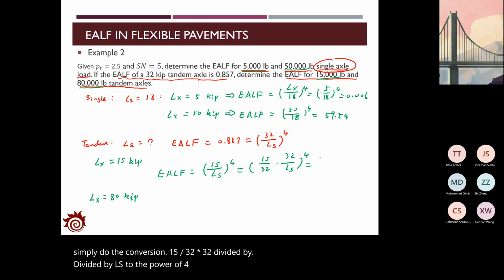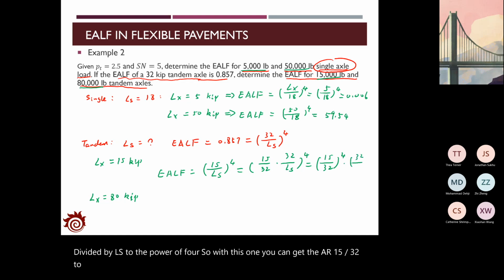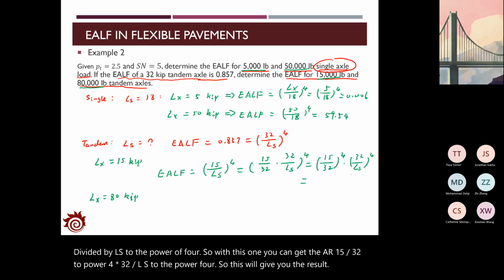So with this one, you can get 15 divided by 32 to the power of 4 times 32 divided by LS to the power of 4. So this will give you the result for the second part.